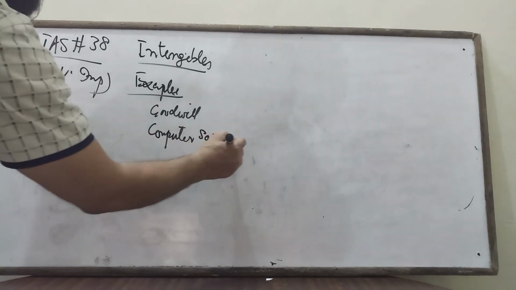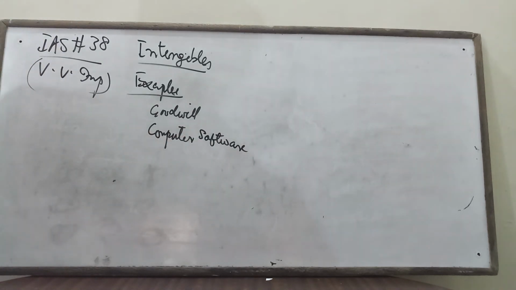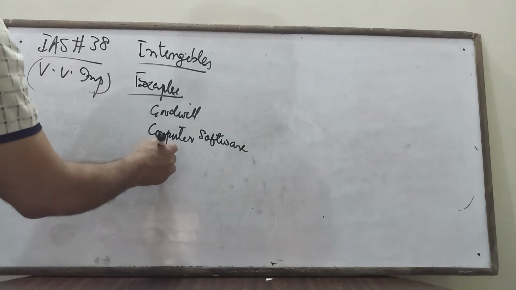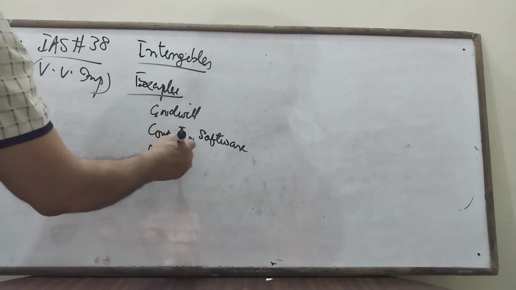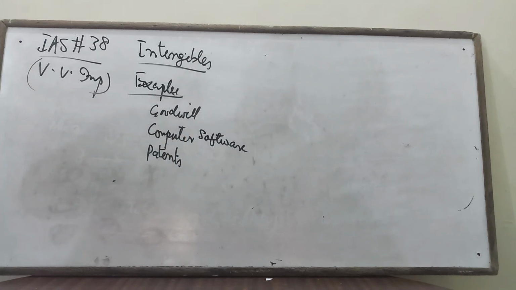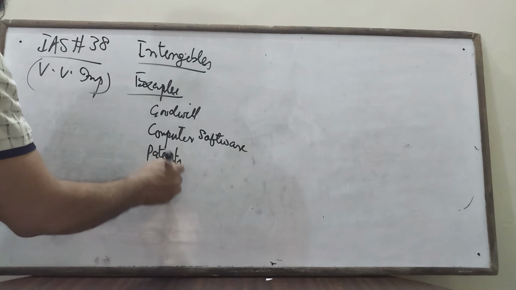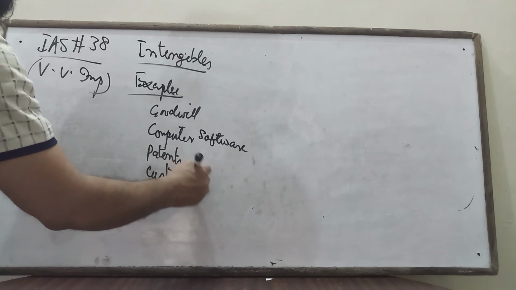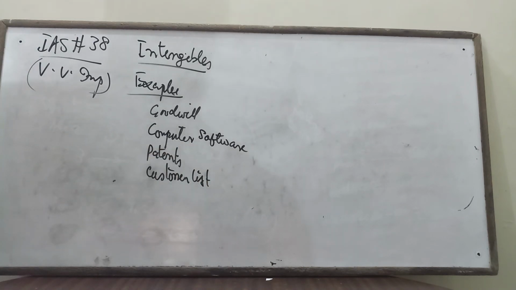Patents and copyrights. Also, the customer list is an intangible asset. These are the intangible asset definitions according to IAS.